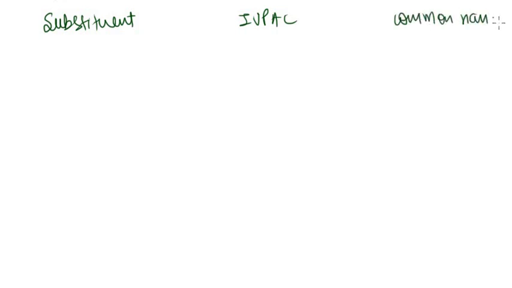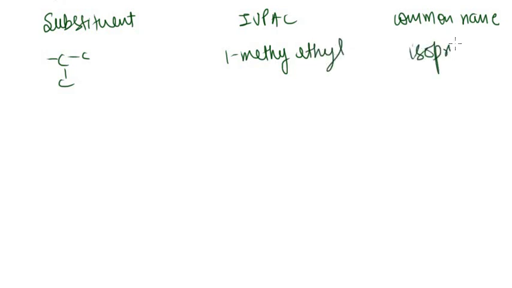Now if we move further, we write the substituent by IUPAC name and common name. If we have a substituent like this, the IUPAC name is 1 methyl ethyl, and the common name would be isopropyl.